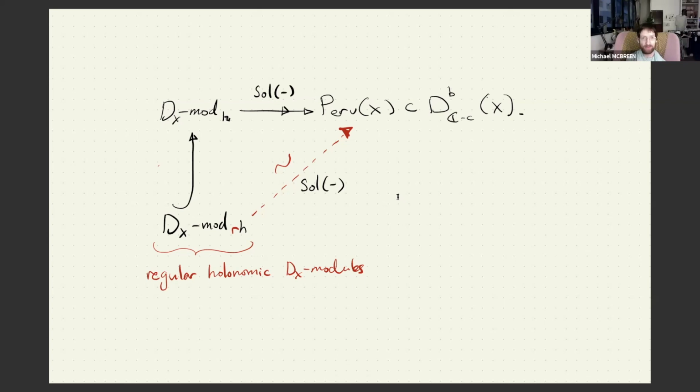And you can restrict to regular holonomic D modules to get an equivalence. So first I'll recall what it means to be regular holonomic for a D module, just very quickly. And then we'll micro-localize that notion.